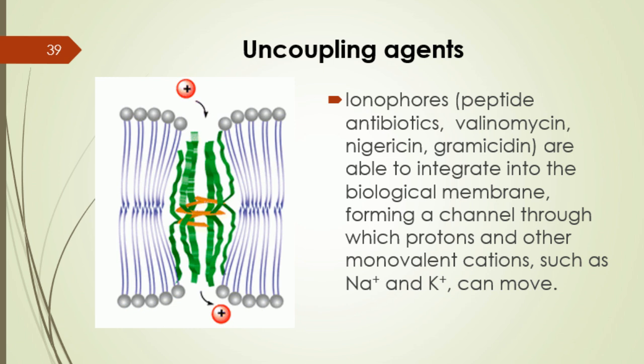In aerobic microorganisms, the respiratory chain and phosphorylation enzymes are located in the cell membrane. Therefore, ionophore antibiotics cause the rapid death of microorganisms by stopping energy production and equalizing the ionic gradients between intracellular and extracellular environments.